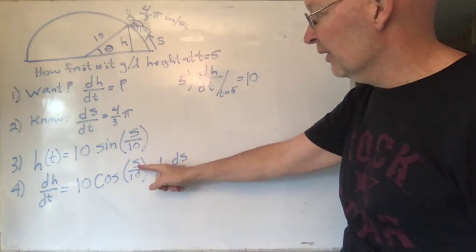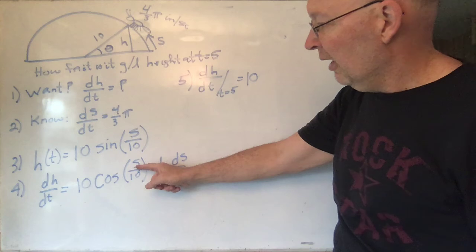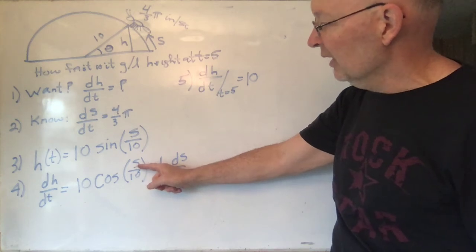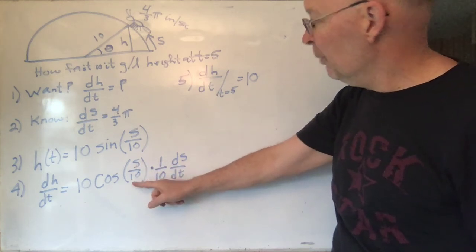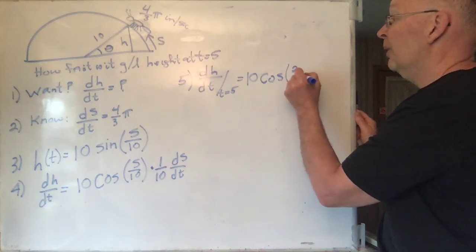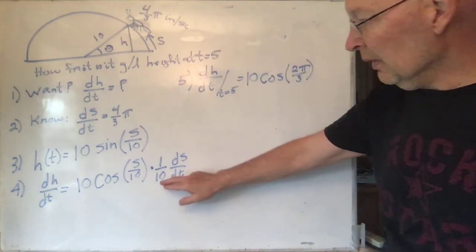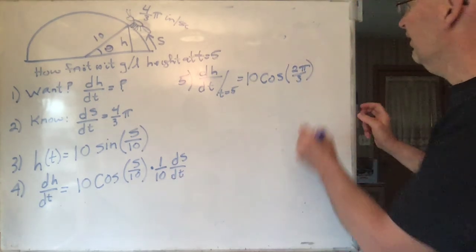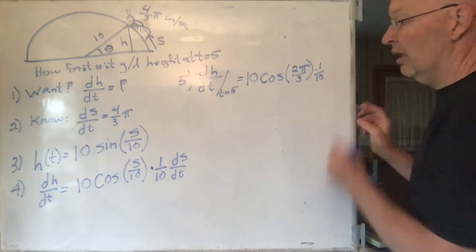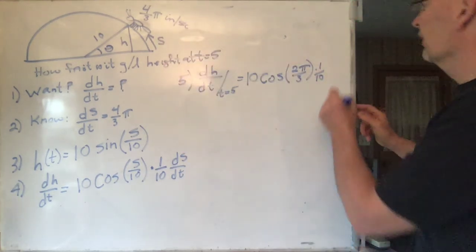So s is going to be 20 pi over 3. Let's do a couple steps in one. This s is 20 pi over 3. If you divide it by 10, it's going to be 2 pi over 3. So we're going to get cosine of 2 pi over 3 times 1/10 times our ds dt, which is 4 pi over 3.